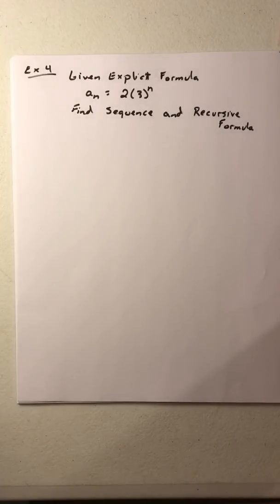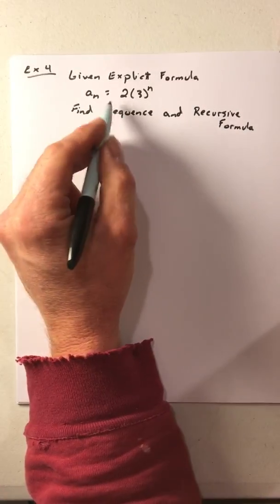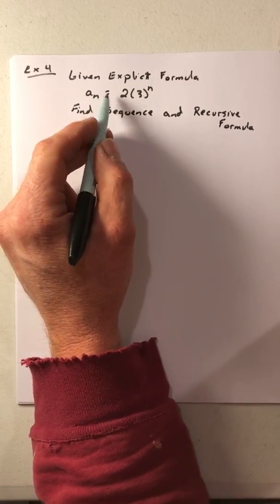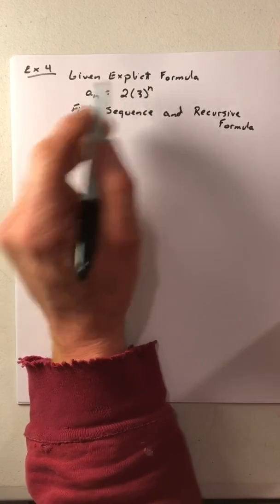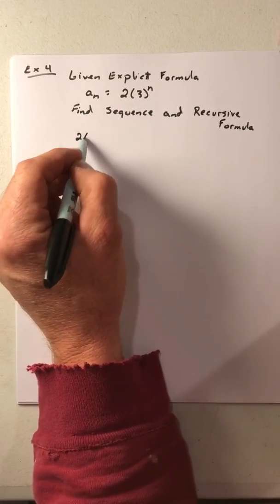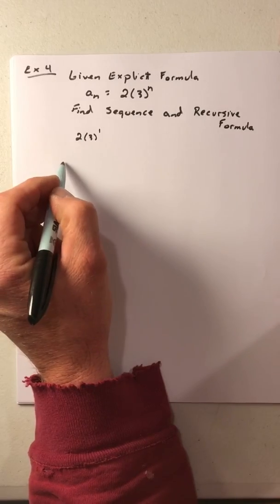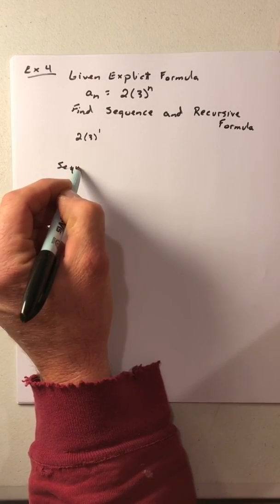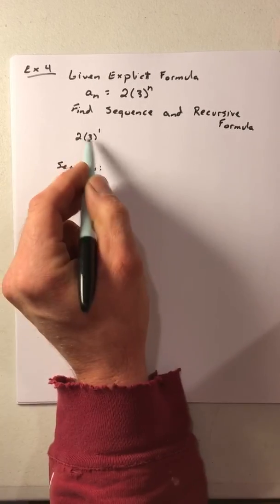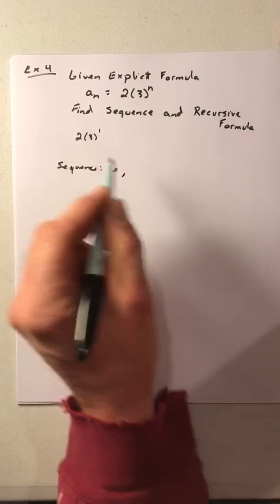Finally, we'll give you example 4, where we give you an explicit formula, and we're going to find the sequence and the recursive formula. Well, my sequence, I know my first term. I'm going to plug in 1 for n. So I'm going to have 2 times 3 to the first. So my sequence is going to be 2 times 3, which is 6.